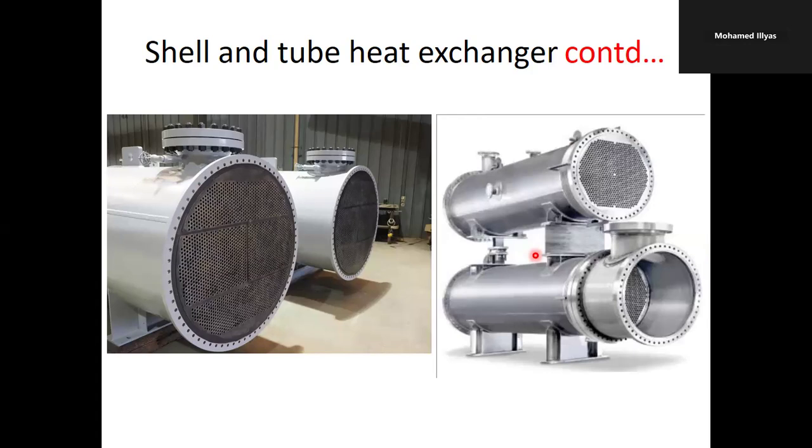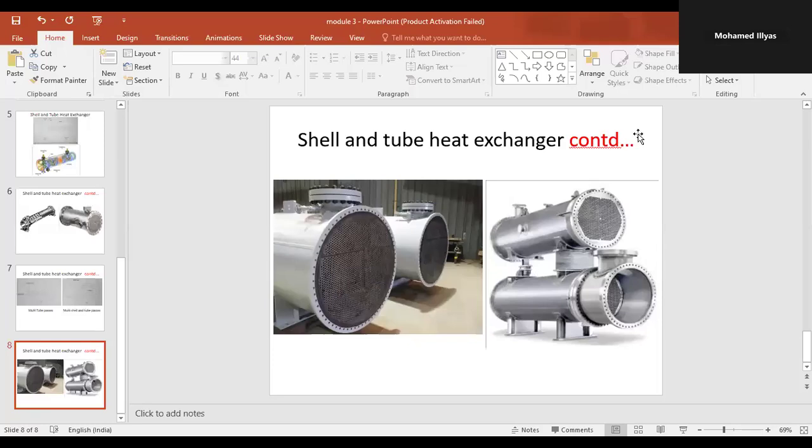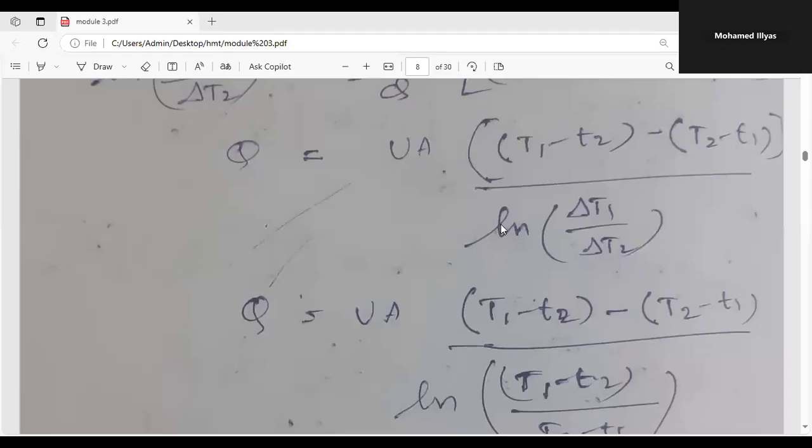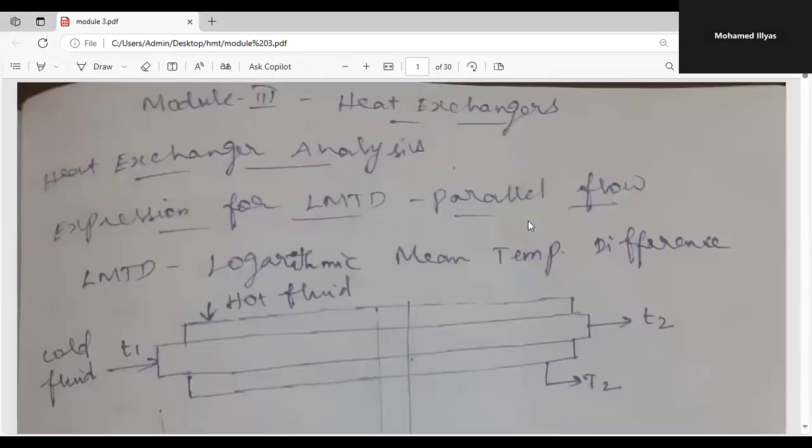Now we'll go to the analytical part of heat exchangers. Coming to this analytical part, there are two types of heat exchanger analysis, that is, the thermal design of the heat exchanger.